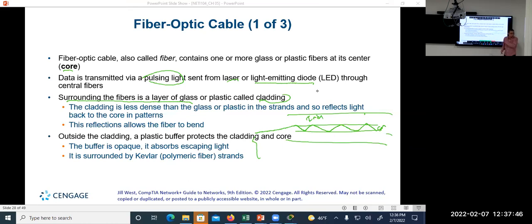That's why you have the reflection. When the ray of light comes in, it always stays contained inside the core only. Of course, if you have a higher angle, it can leak out from the core.